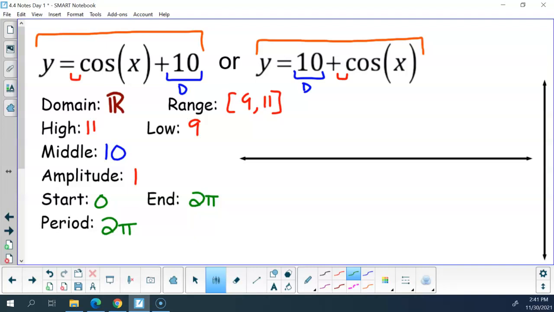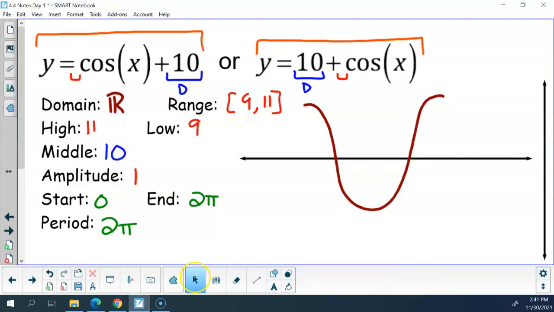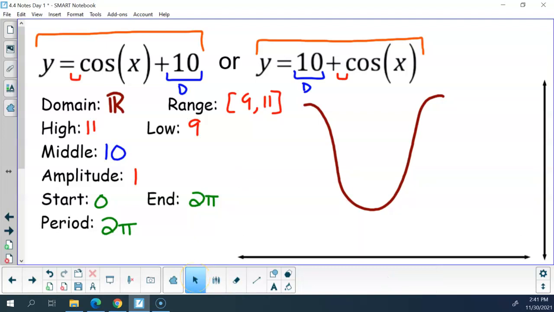This is one of those cases where I would draw it in first, and then I would adjust my axes accordingly.